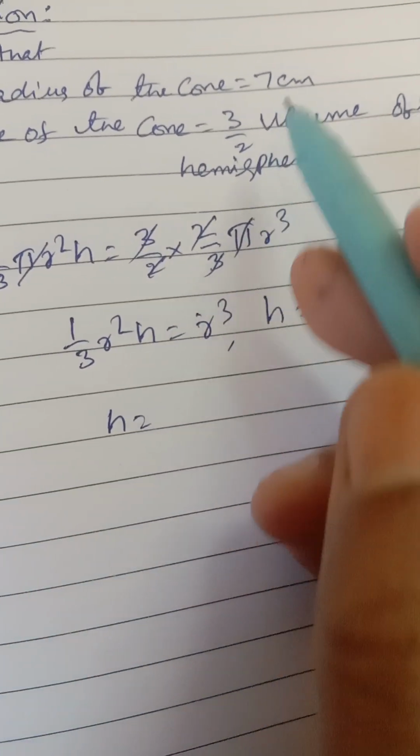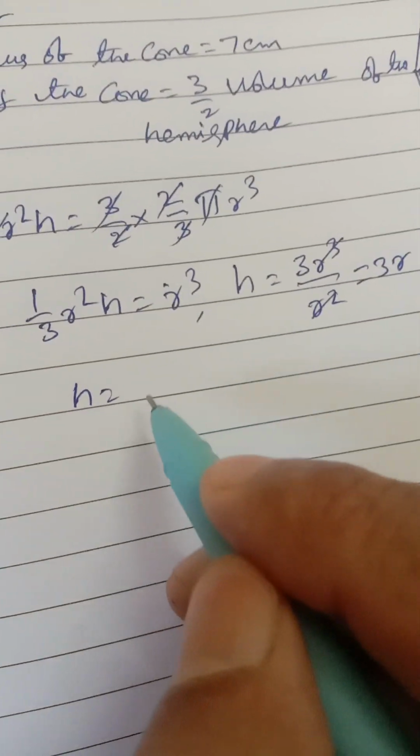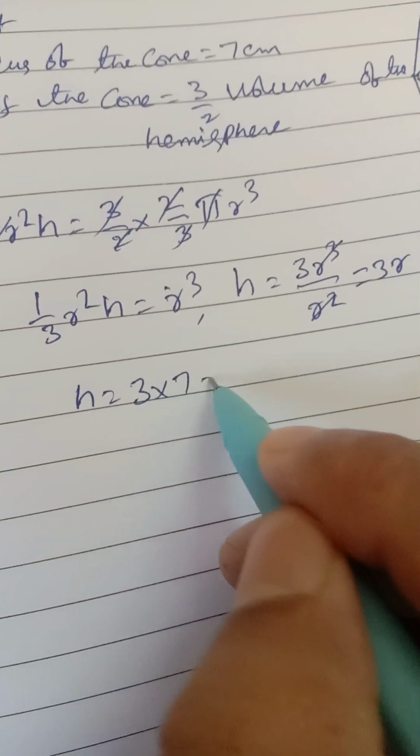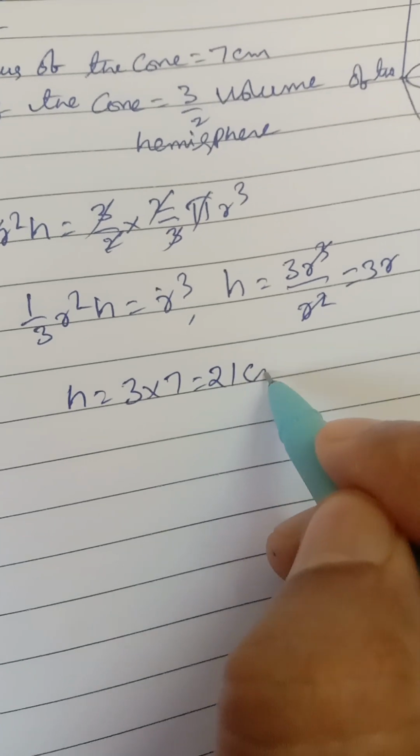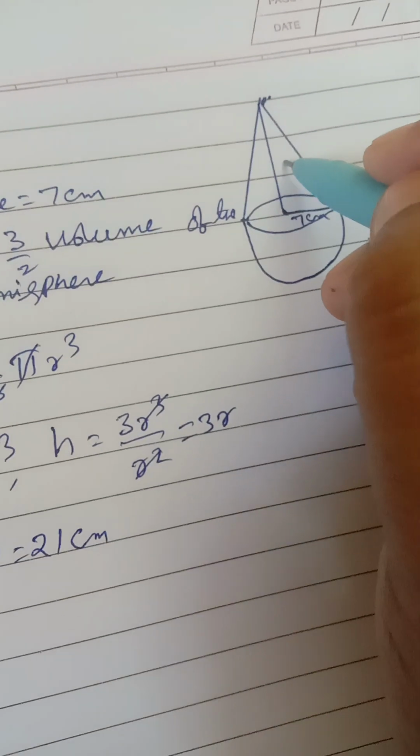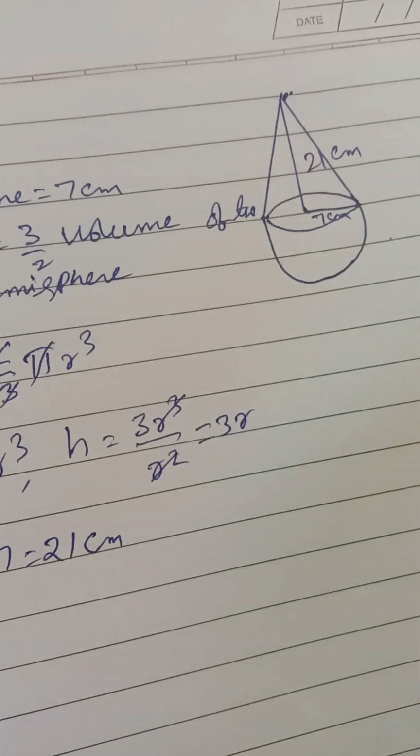We know that r is equal to 7 centimeters, h is equal to 3 into 7 is equal to 21 centimeters. Height of the cone is equal to 21 centimeters.